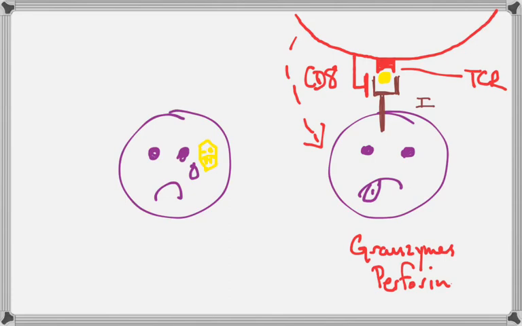So just to clarify, the CD8 is the one that joins together the TCR and the MHC1? The CD8 contributes to the binding of the TCR and the MHC1.